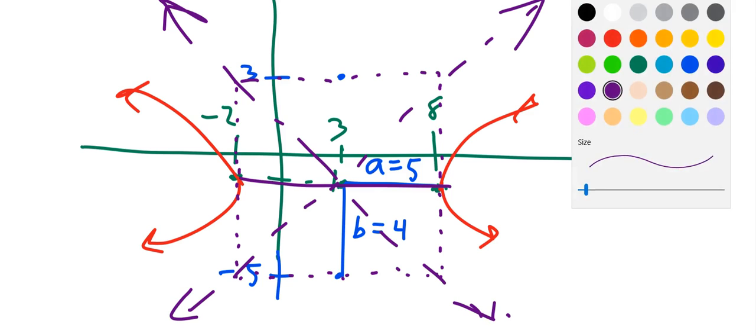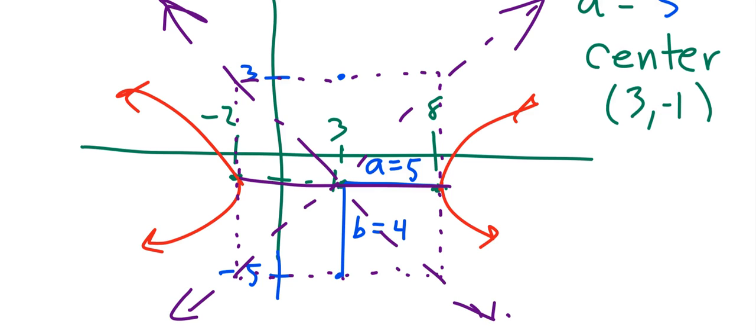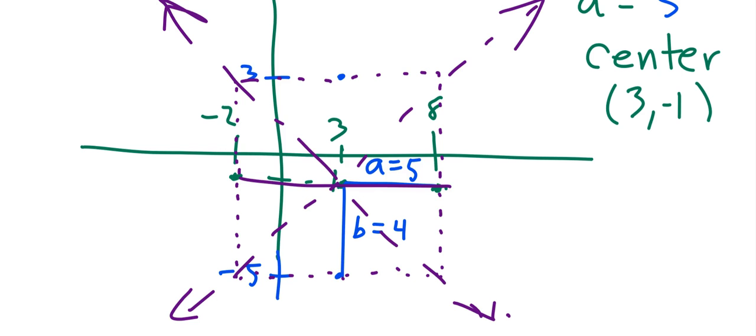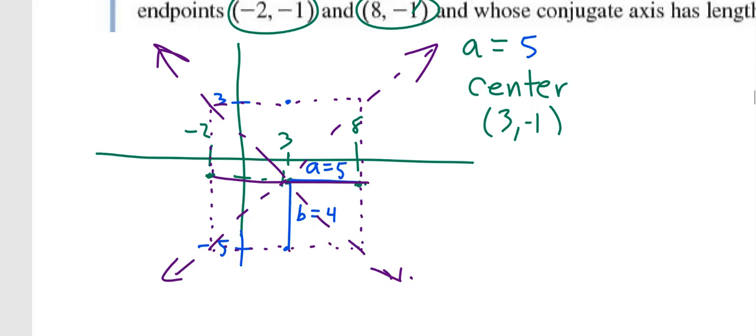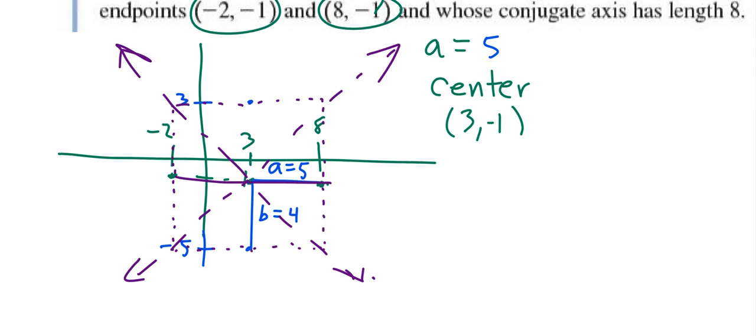So you can tell that my really crude example of my hyperbolic branches was way wrong. I mean, we kind of had the right idea, but needed a little bit more specific touch.